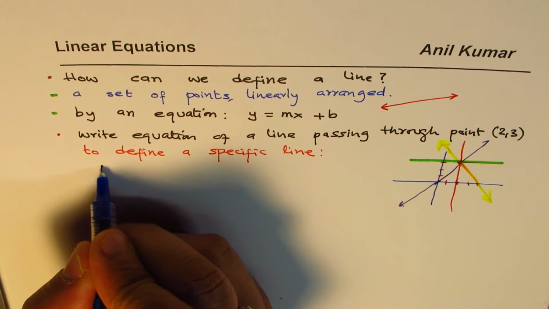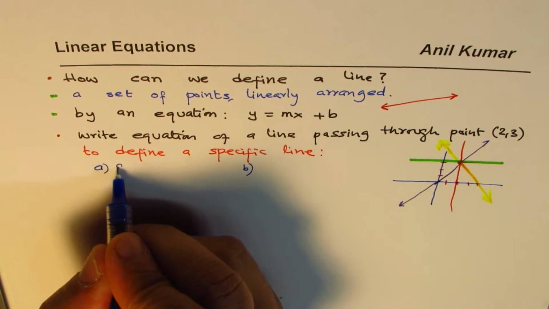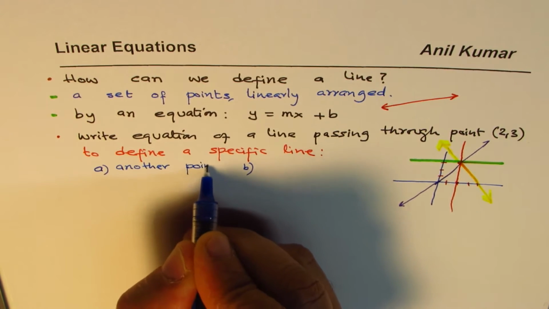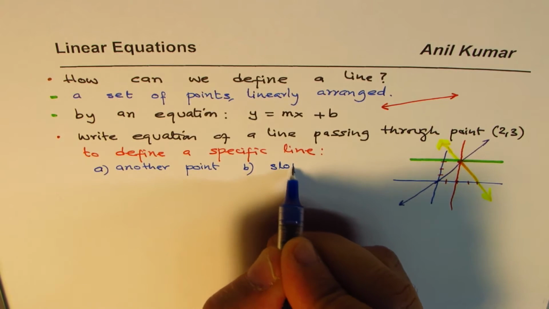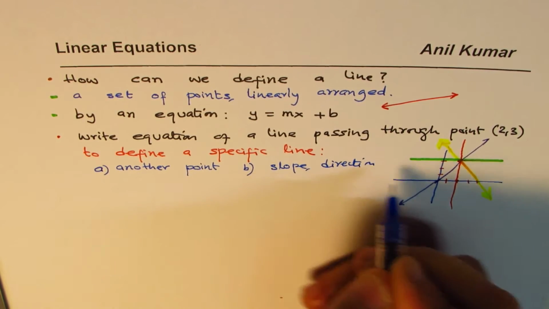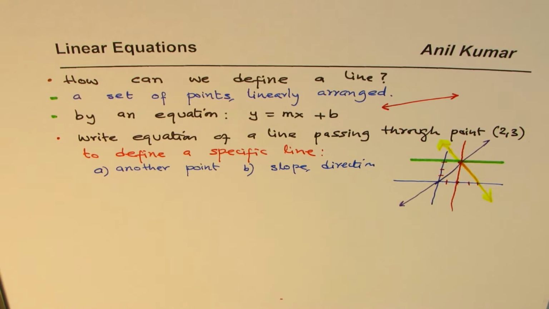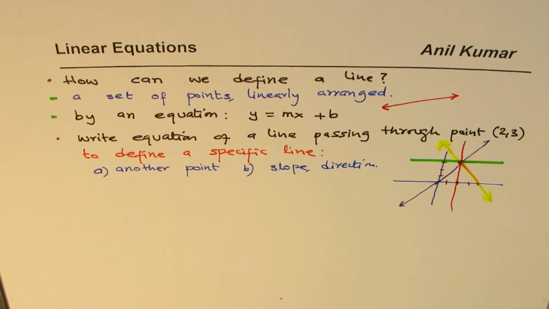So I may need two things. Let me say A and B. I may need another point, or I may need slope, or you can say direction. In which direction it goes from 2, 3, right? That is, if I know that, then I exactly know which line we are talking about.